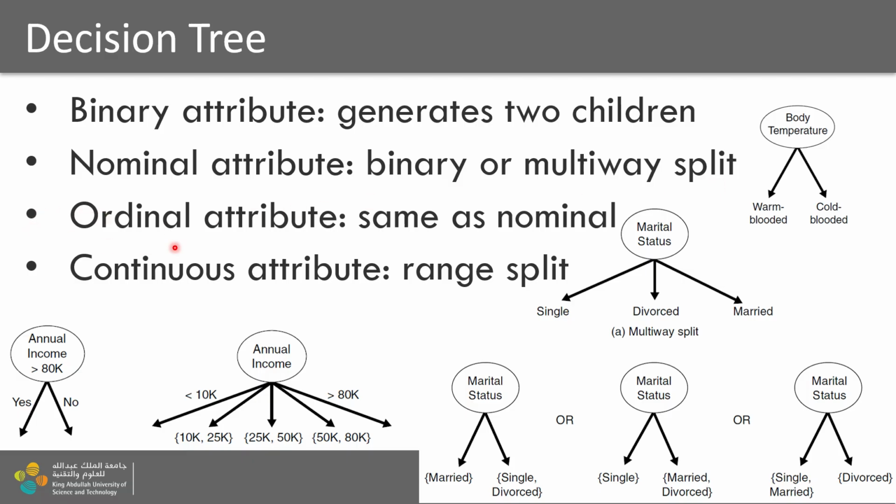For the ordinal attribute, for example if we have t-shirt size, let's say small, medium, and large, we can proceed exactly in the same way as in the nominal case.